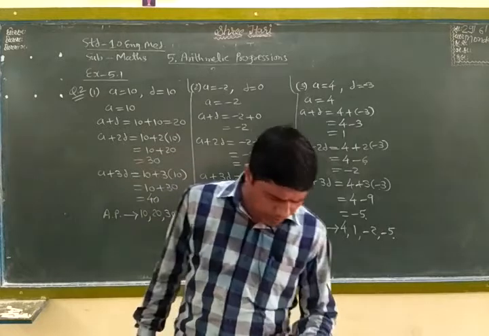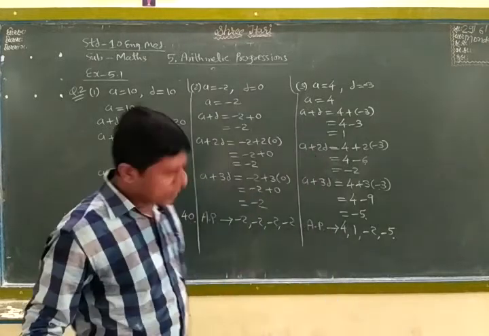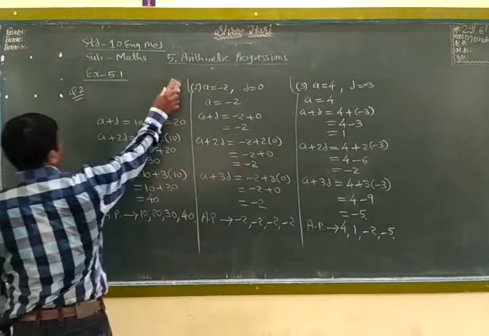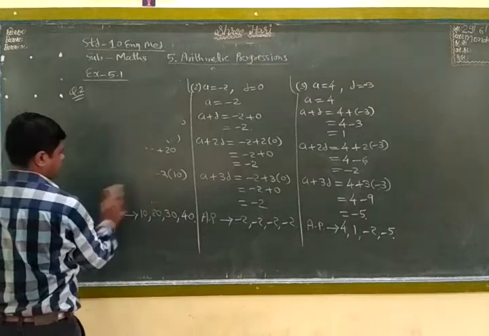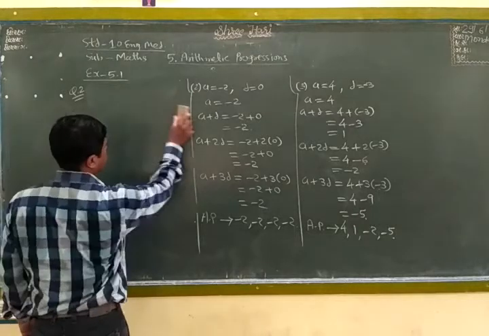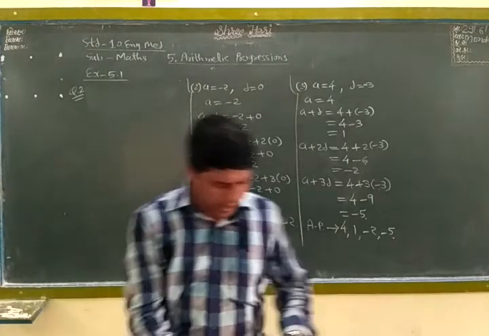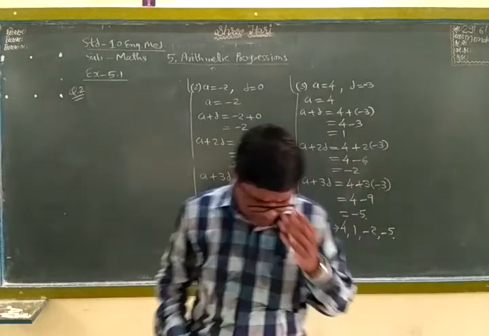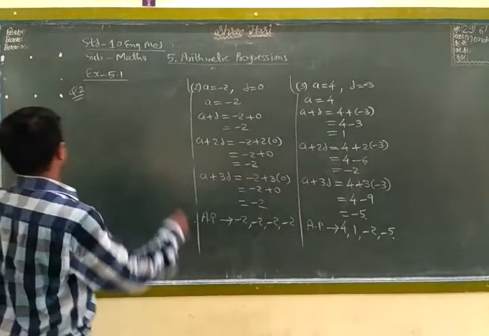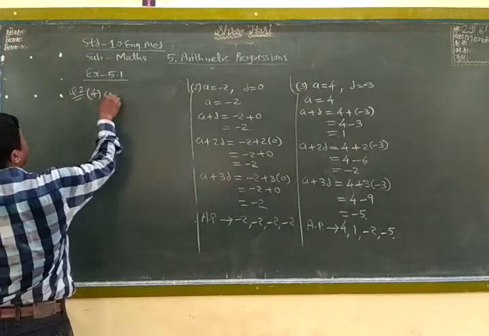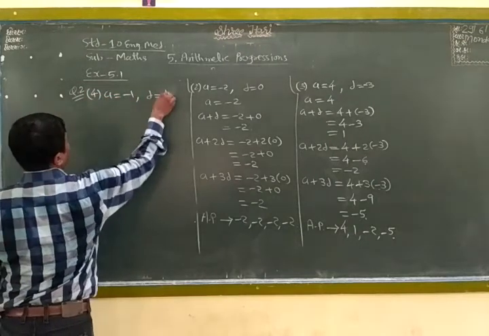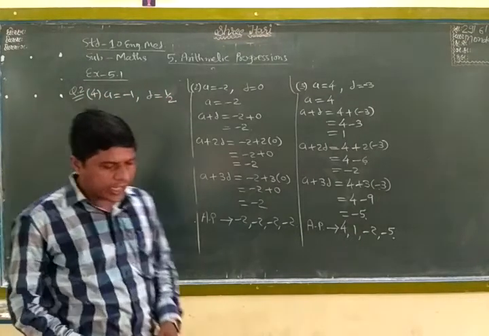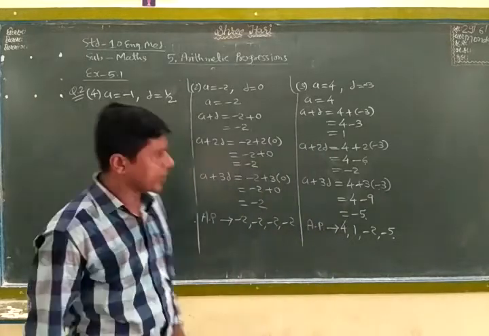Now question number 4. Question number 4, we start. Write down here first, A is equal to minus 1 and D is equal to 1 by 2. Find the arithmetic progression.